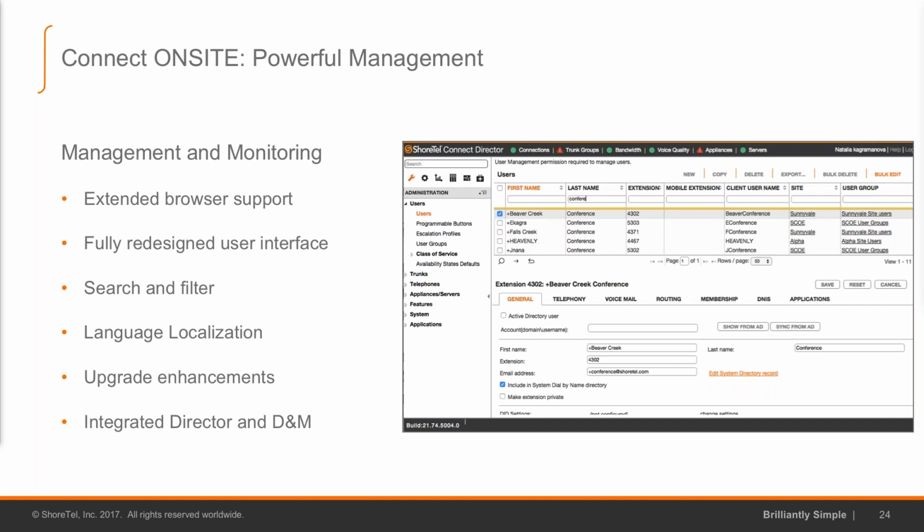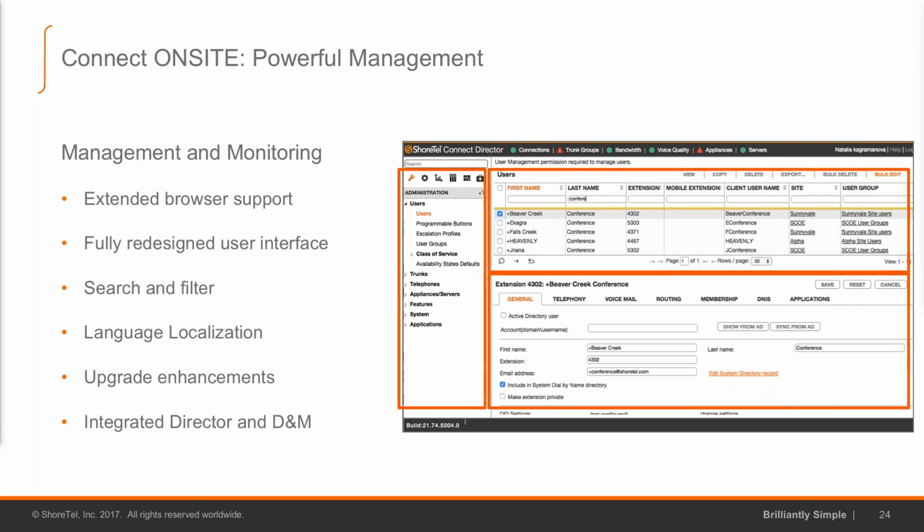When you take a look at these interfaces, the measurement of quality is how many clicks does it take to get something done. If I have to click a lot of times to get something done, it's not a good interface. But if I can do a lot with a minimum of clicks, then it is a good interface. So ShoreTel's redesigned the interface to make it so that you can get to these things much easier. So for example, you've got the panel over there on the left-hand side.